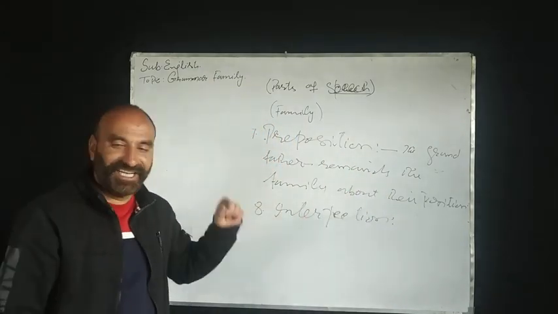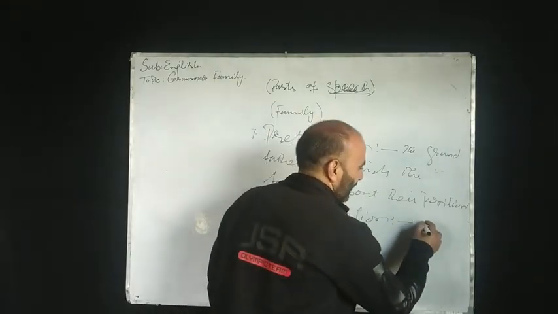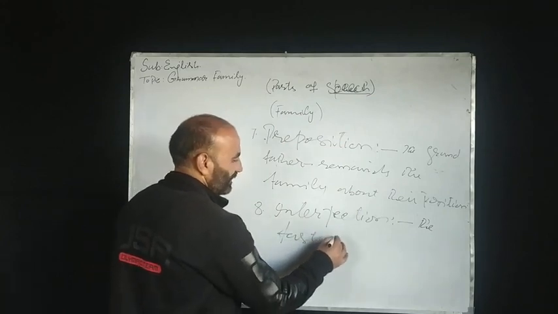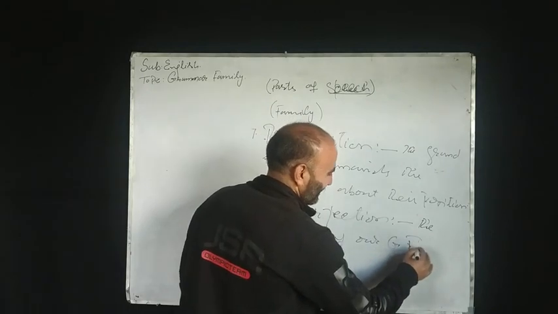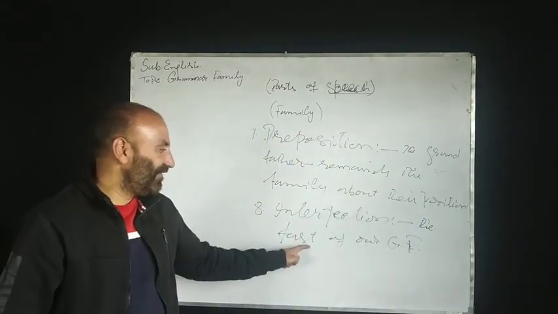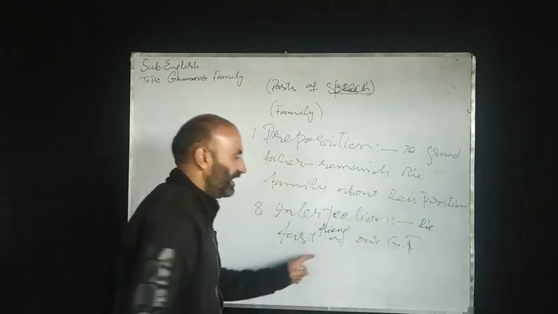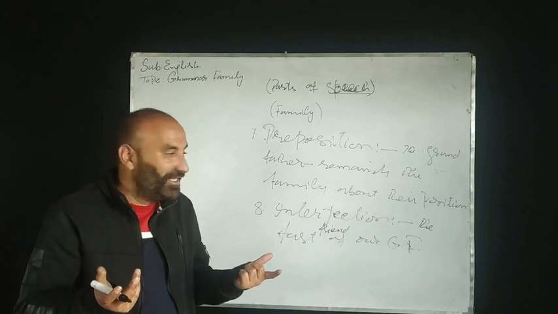This interjection is the fast friend of our grammar family. He is the fast friend of our grammar family. Why the fast friend?